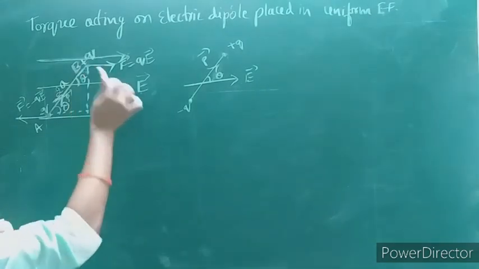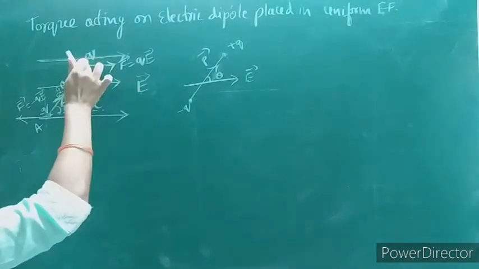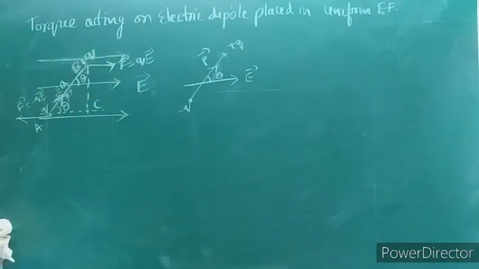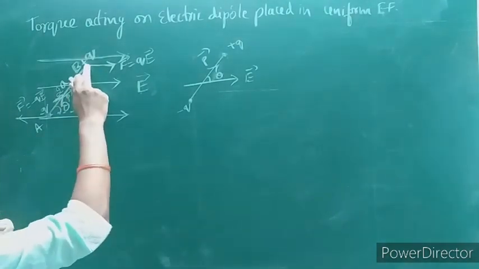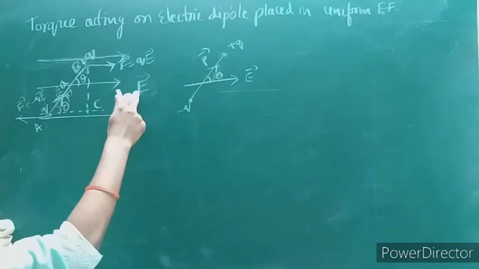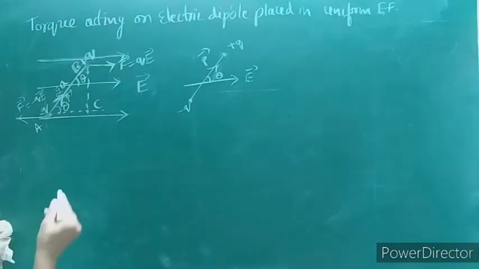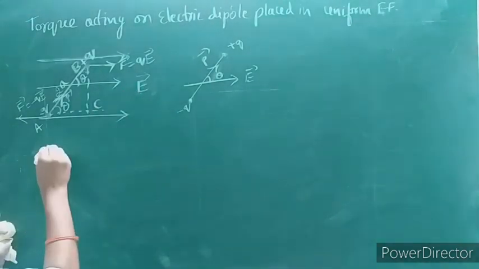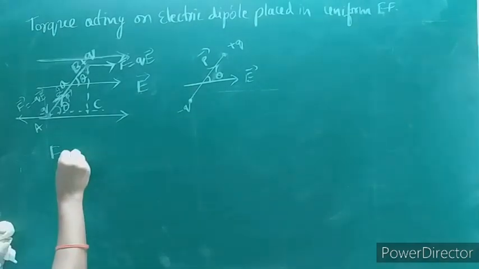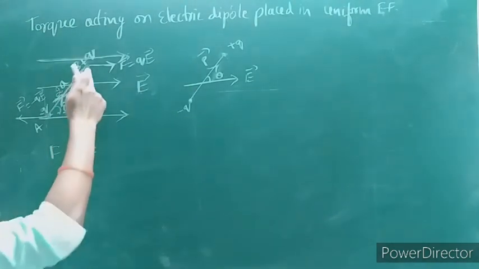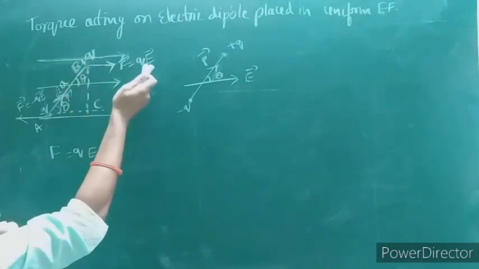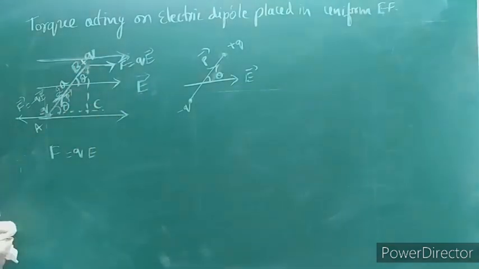Now, by this electric field, some force will act on the positive charge. The force acting on the positive charge due to this uniform electric field has magnitude F equal to qE, and the direction of the force is along the direction of the electric field. Okay.